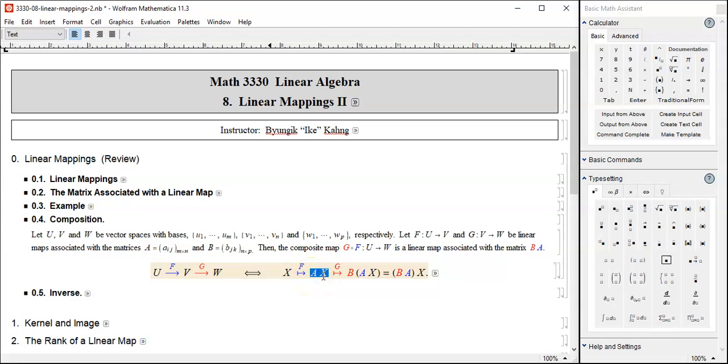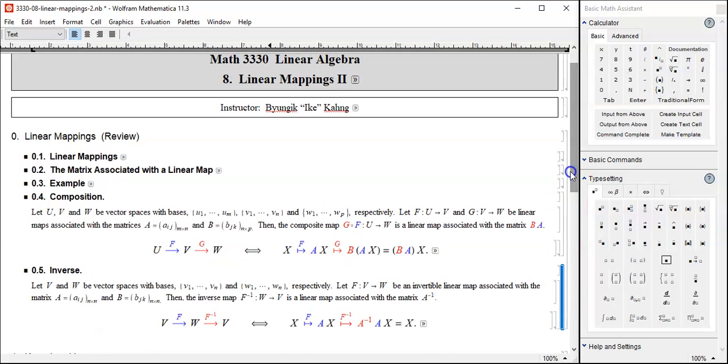And then the second linear map multiplies B into this. So B times Ax, that's what we have. But then again, using the associative property, you can rewrite it as BA times x. And this matrix BA is the matrix expression of G composition F.